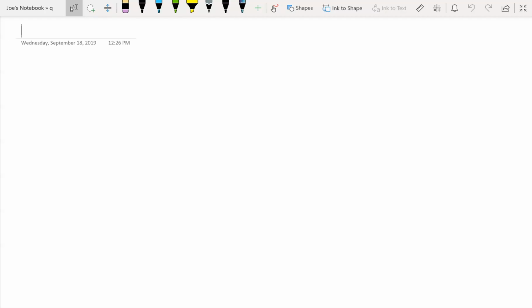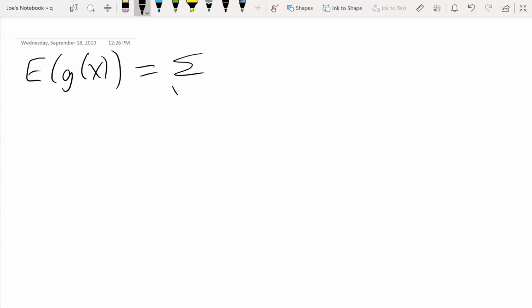So, last time we talked about how you calculate expected value of a function of a random variable, right? Basically we did a weighted average. We did the sum over everything in the sample space of what?